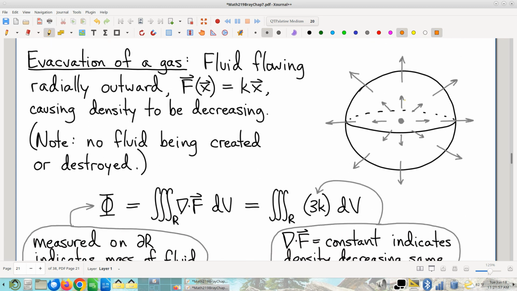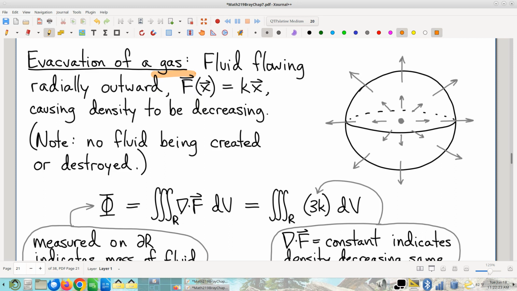Different kind of fluid. Importantly, different fluid. Here we have a gas. And I'm imagining a scenario. By the way, this is a gas that's out in outer space. Imagine that this is like a nebula. Something like that. Just a cloud of gas sitting out there with no other mass anywhere around. No gravitational influence from nearby stars or anything like that.